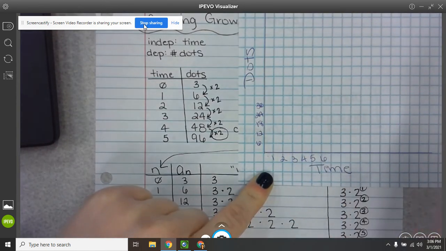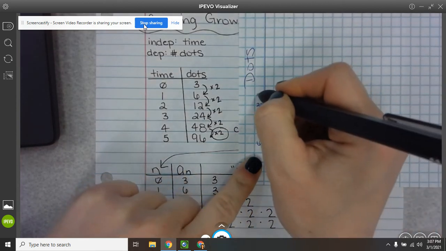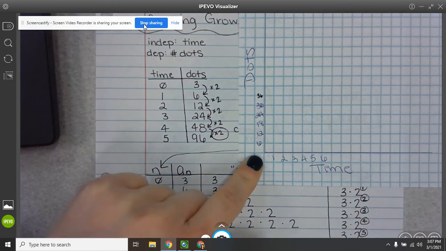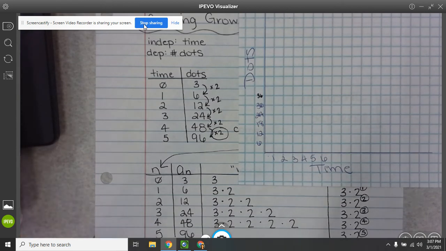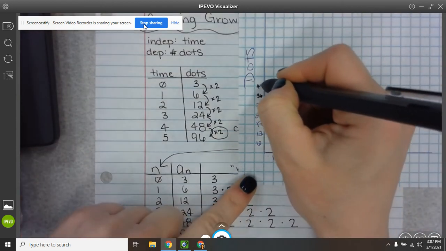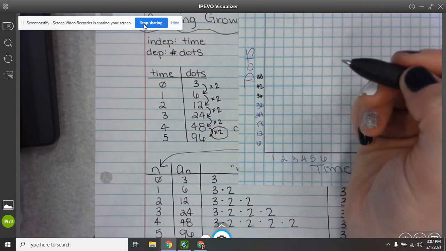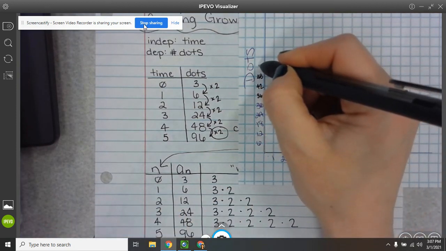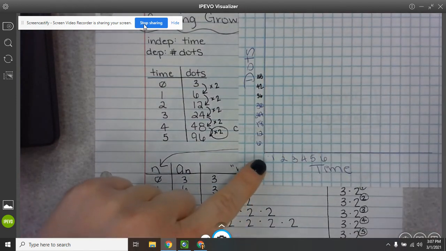So this would be 36. So starting to graph this, let's see, I need to keep going a little bit. This would be 42 and then 48. And then I'm not going to keep going all the way up to 96. That's just too much.